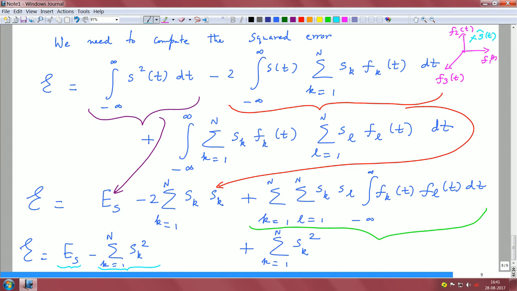This is basically the norm square of this vector representation. This is the square norm of s hat of t in the signal space.